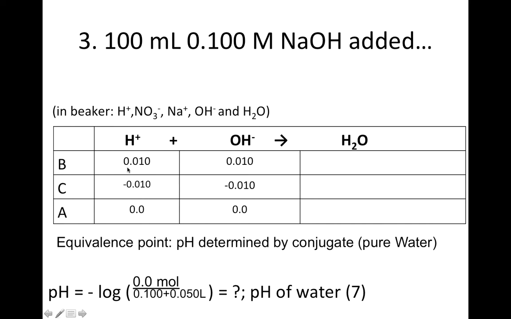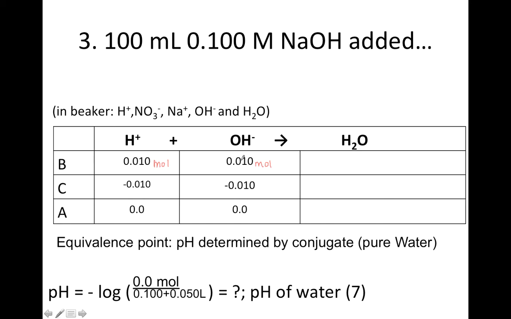This is still the 50 milliliters multiplied by 0.2 molar HNO3. And then this number here, remember all of these are in moles, so let me write that in. Moles.